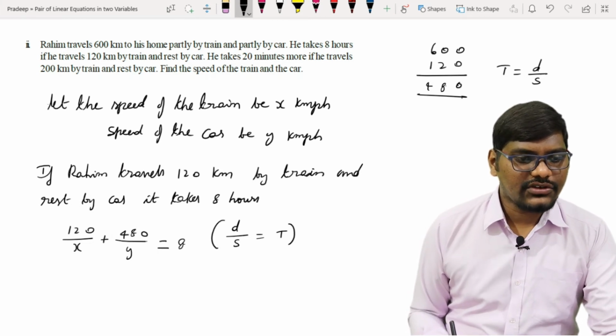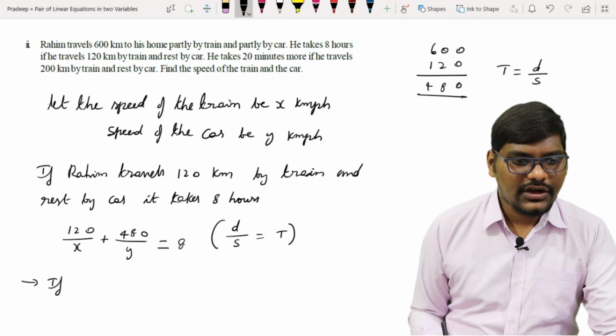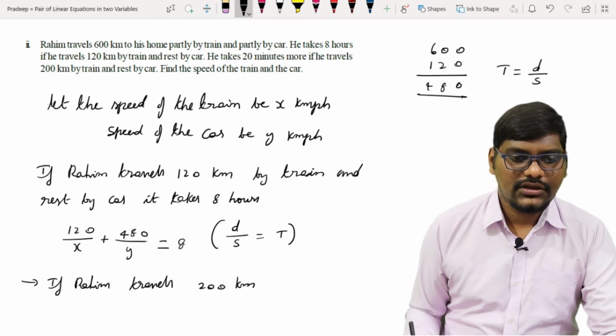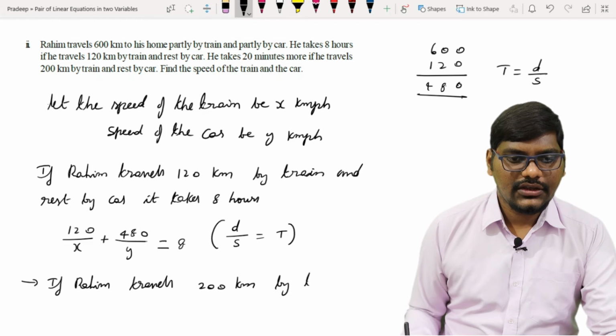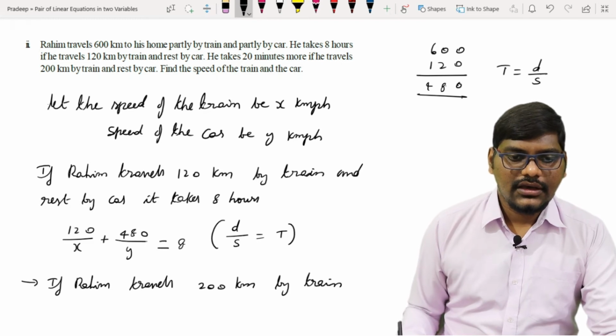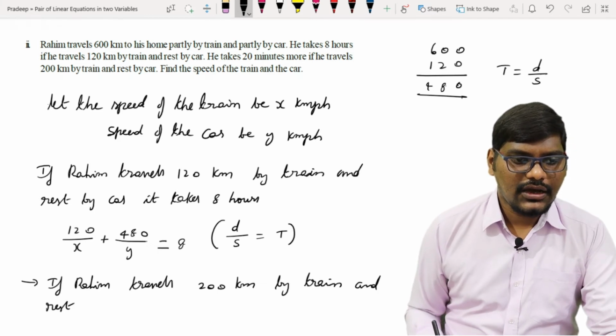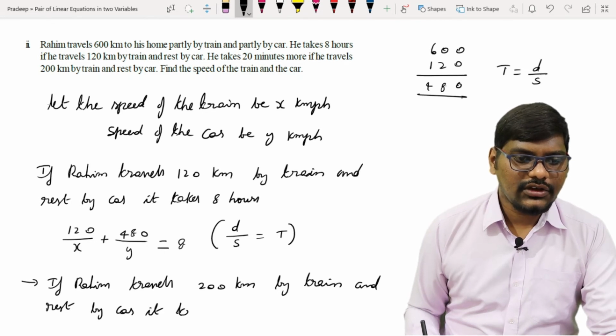What is the second condition? If Rahim travels 200 kilometer by train and rest by car, okay, it takes 20 minutes more, right?